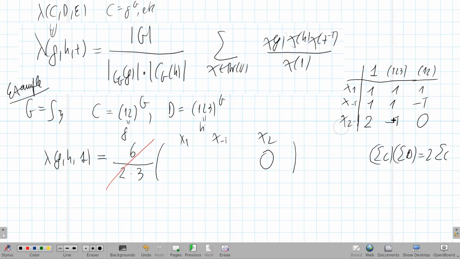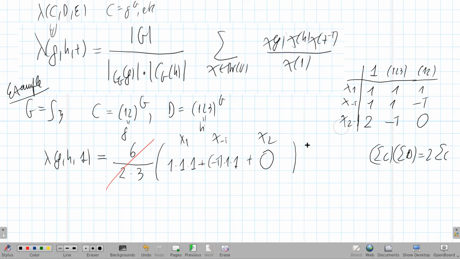But then let's look at the other characters. So we have chi1 of what? In this case, this is 1 for both characters. So we have 1 times 1 times 1, plus the product of this character, which is 1, 1, except that for 1, 2 it will be -1.